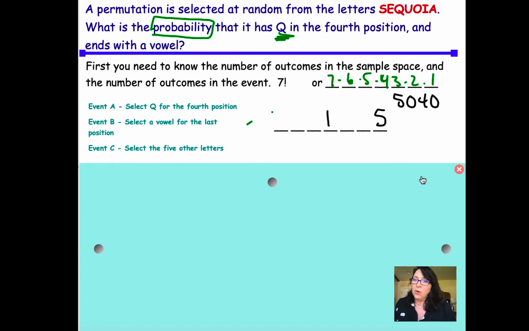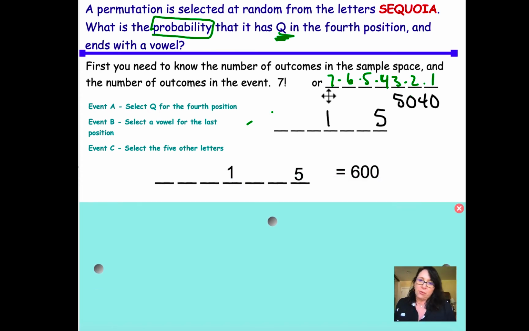Now to find the other letters, I've used 2 letters up out of 7. So my remaining letters are, I've got 5 letters left, then I'll have 4, then 3, then 2, then 1.